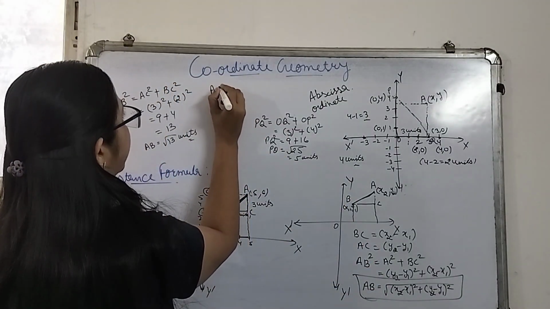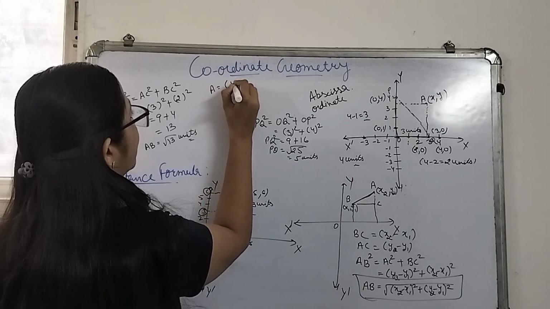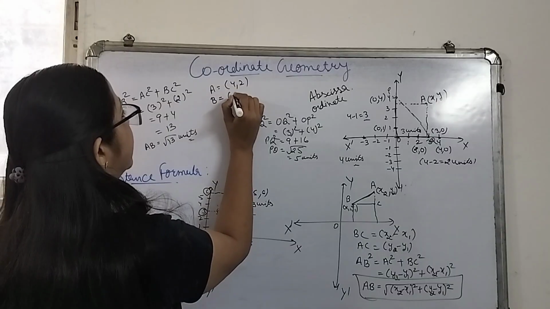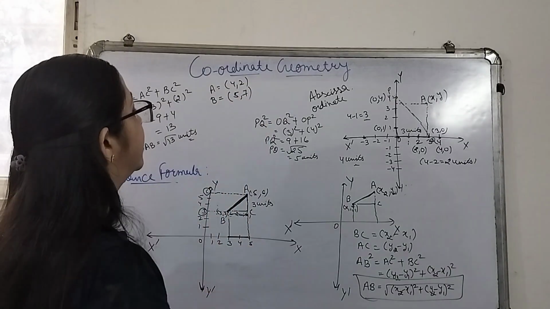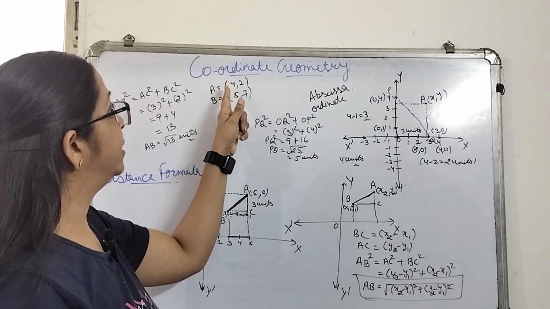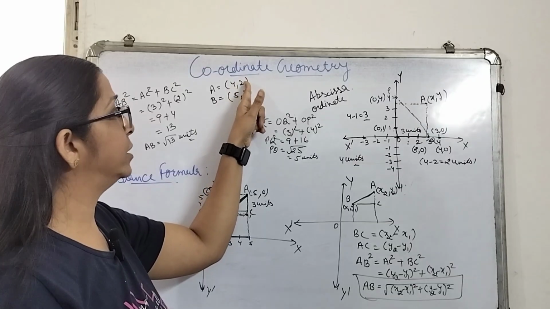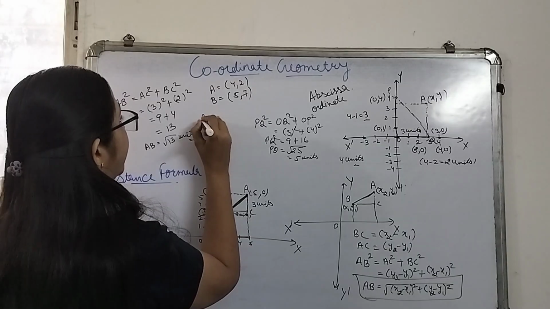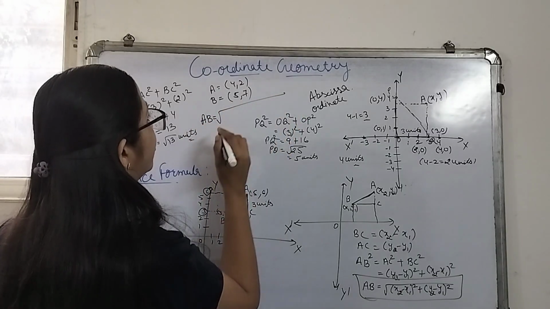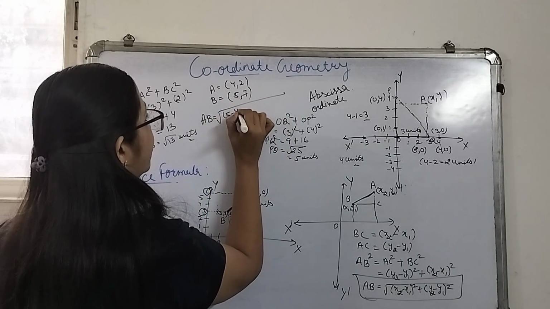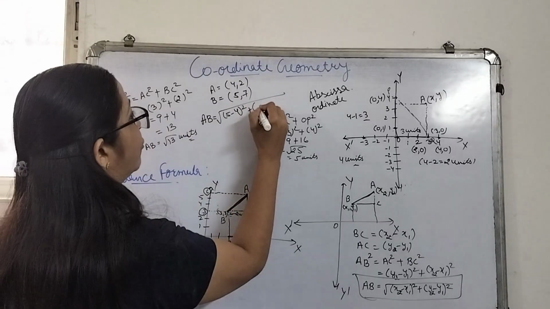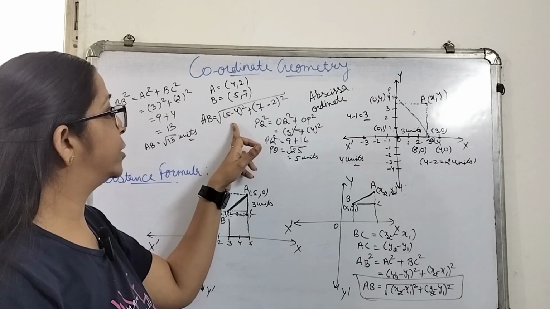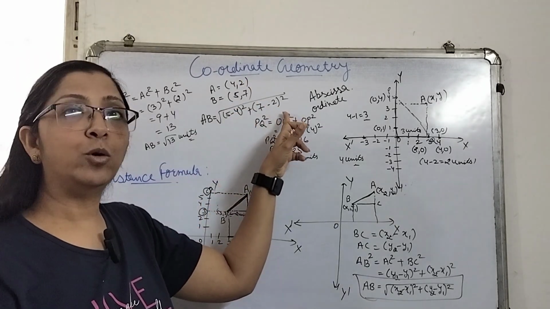Suppose the coordinates of point A are 4, 2 and the coordinates of B are 5, 7. Here, this is your x1, this is your y1, this is your x2, this is your y2. So the distance AB will be root of x2 minus x1 whole square plus y2 minus y1 whole square, that is 5 minus 4 whole square plus 7 minus 2 whole square.